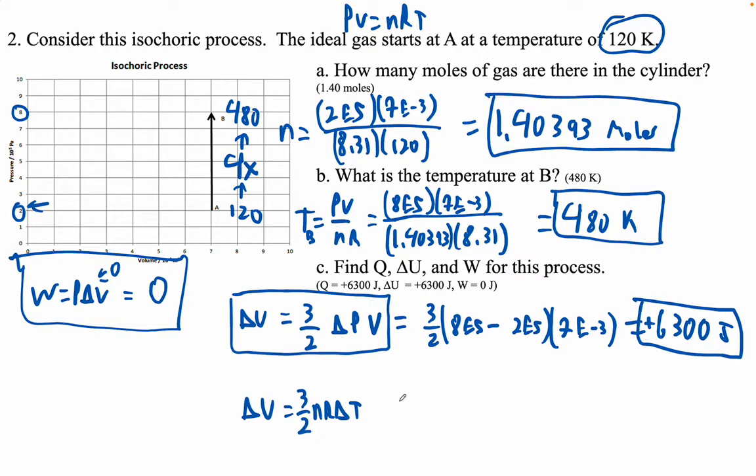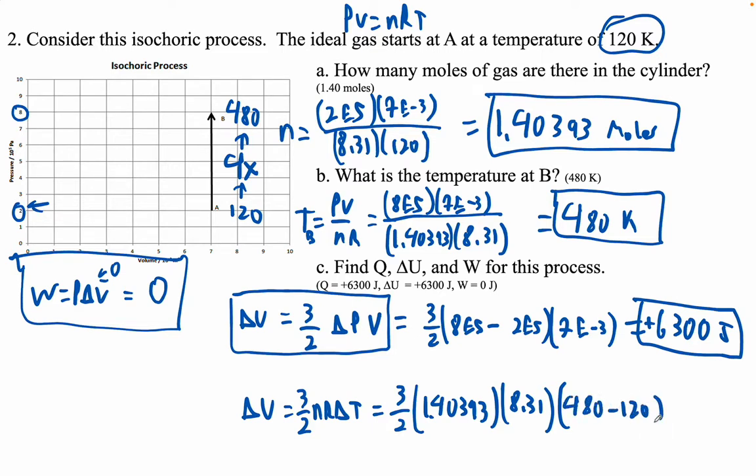Let's do this way too. Delta U is 3/2. Our moles are 1.40393. Our R is still 8.31. Our change in temperature is final minus initial, so 480 minus 120.